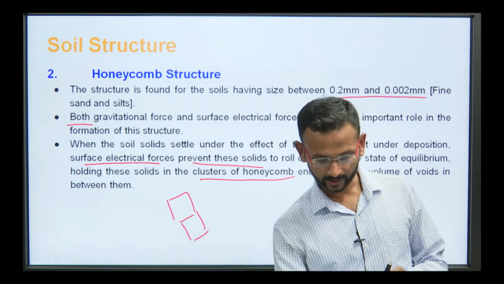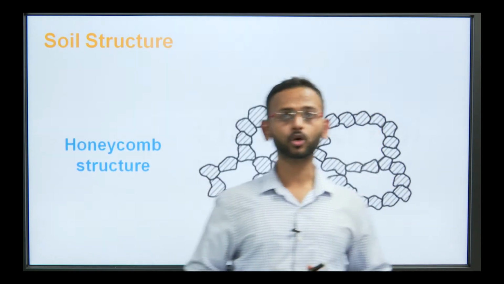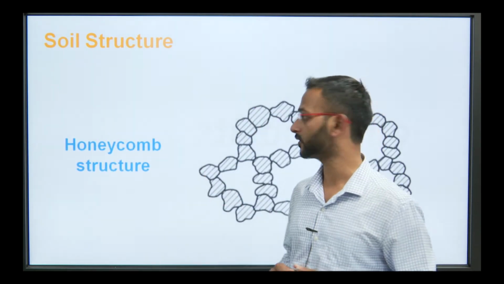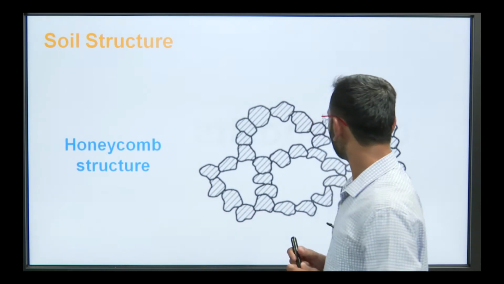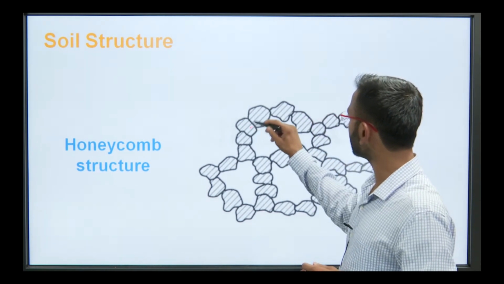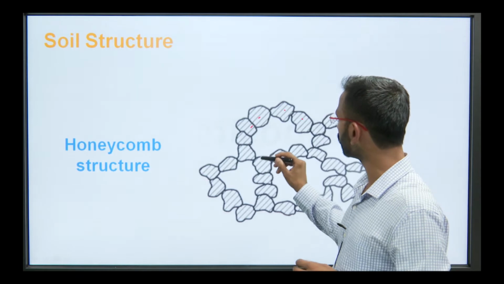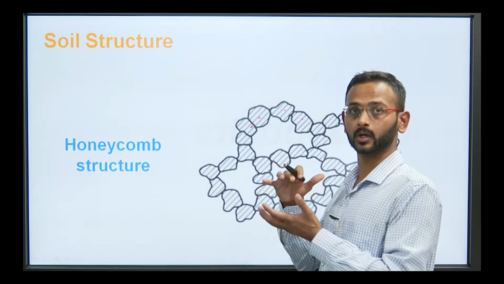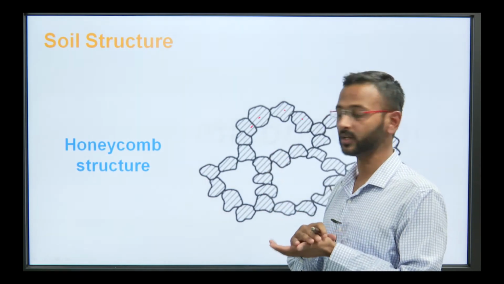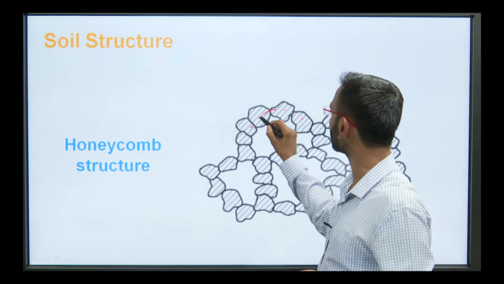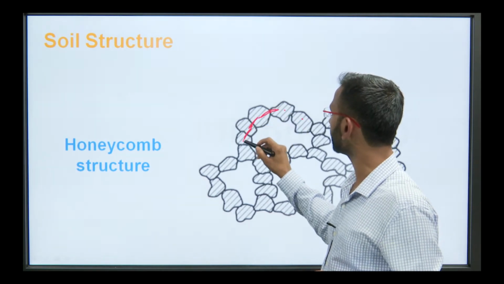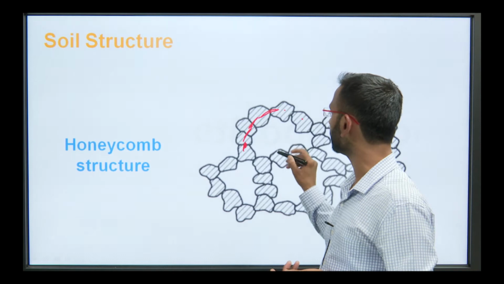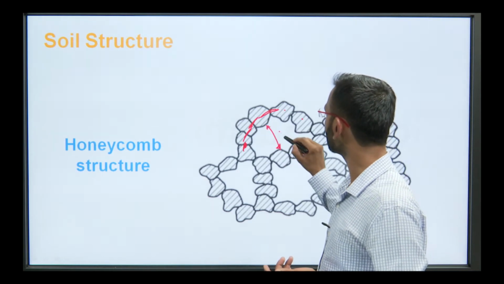Let us see the figure here. The solids are there, but due to the gravitational force that is also acting, they will be trying to be in contact with each other, but due to some repulsion this void is being formed.